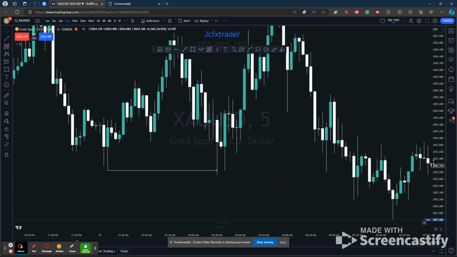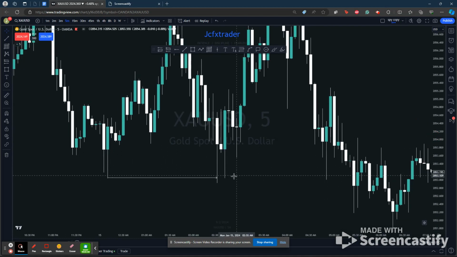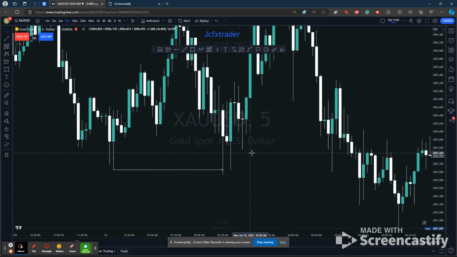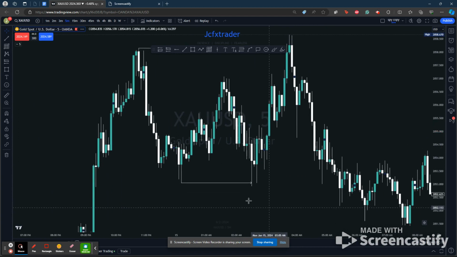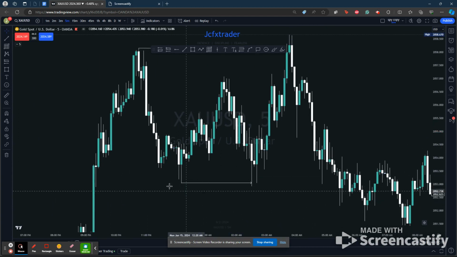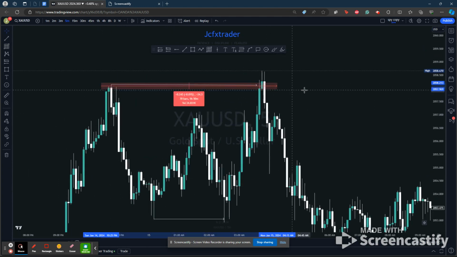See how this wick came by? As long as the candle either passes it with a close or a wick, it's considered a sell side liquidity sweep. So price came down, sweeps sell side liquidity to take out all these buyers that were in here, and then it reaches for buy side liquidity.